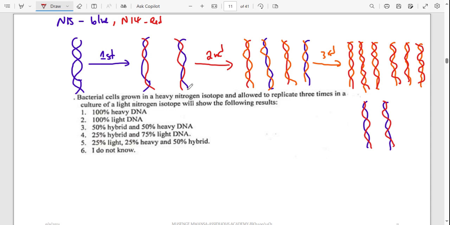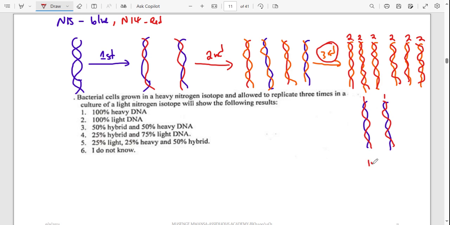So now what can you notice? Remember, this is after the third replication, and that's the question we have. How many red strands can you see? And remember, in each one of these strands, you have got 2 molecules, right? So 2, 4, 6, 8, 10, 12, 13, 14.